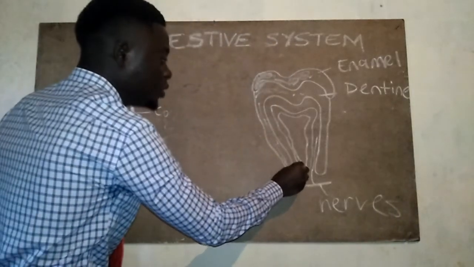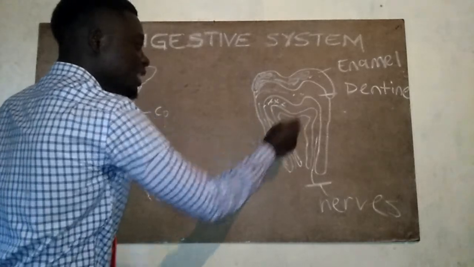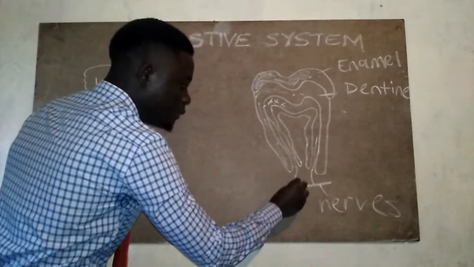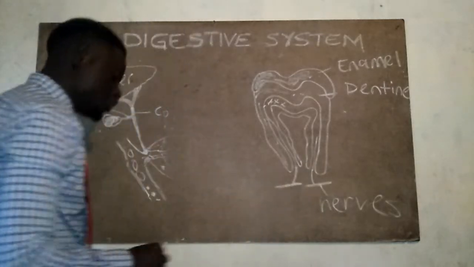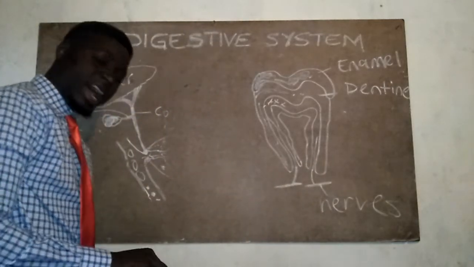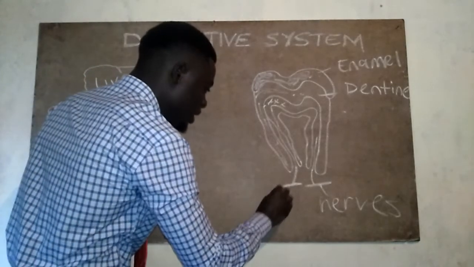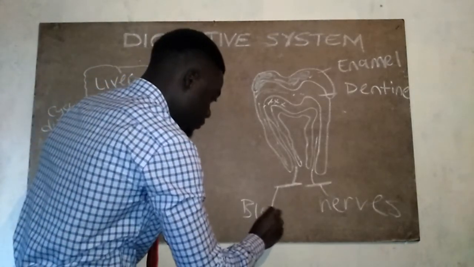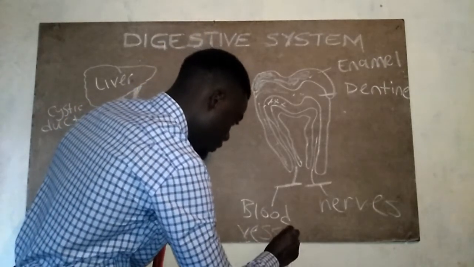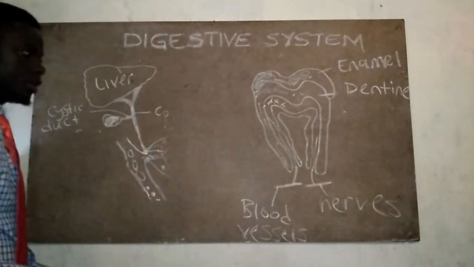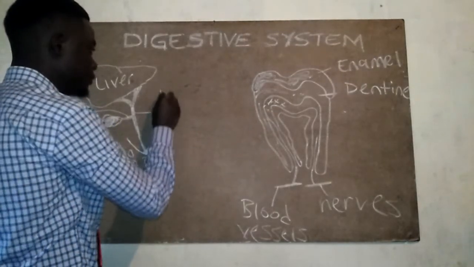And we also have blood vessels supplying the teeth with the nutrients and blood that they need. Because when we have a diet which is not rich in iron, we are going to have teeth problems. So these are the blood vessels, and this part is called the pulp cavity.